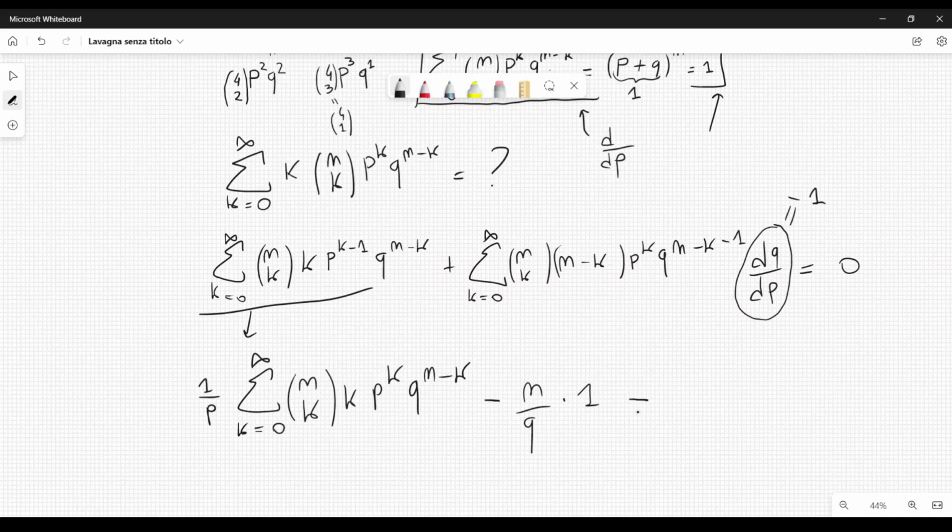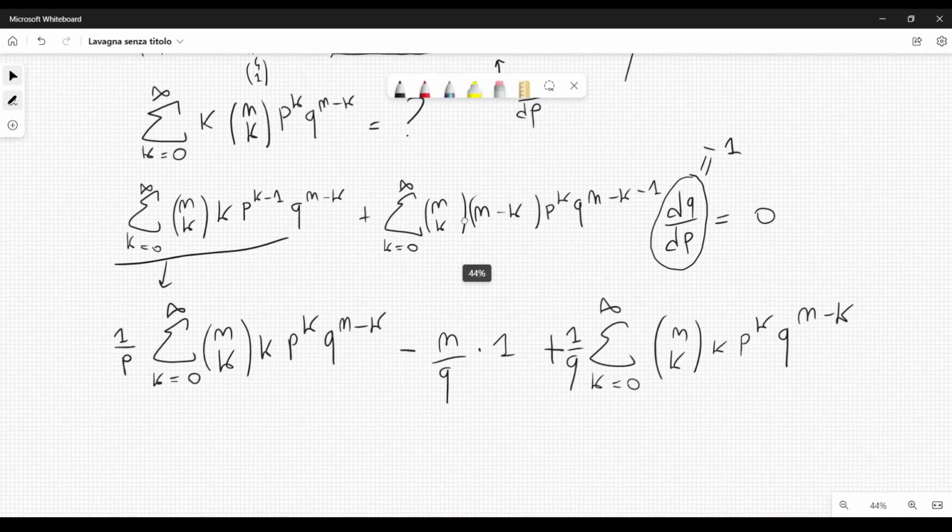And then I have minus. With another minus, I get a plus. Sum with k going from 0 to infinity, I can put out of the summation 1 over q. And then I have n choose k, k times p to the k times q to the n minus k. And this is equal to 0.